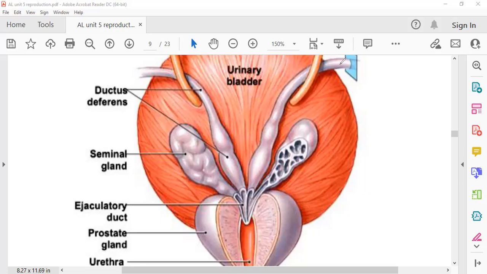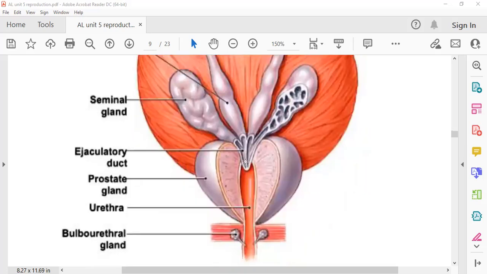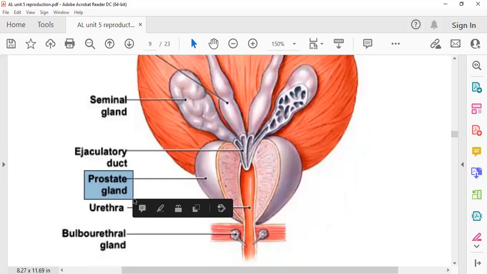So the ejaculatory duct is not a bigger one, it's a smaller one. Immediately, the ejaculatory duct opens to this red colored portion. What is that red colored tube? Urethra. The beginning part of the urethra is surrounded by what? Prostate gland. From the prostate gland, tiny tubes will come and open in the urethra.